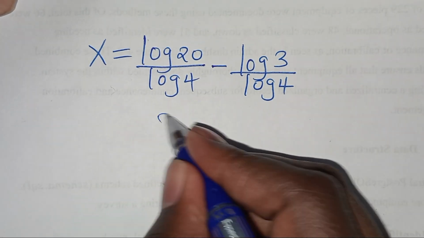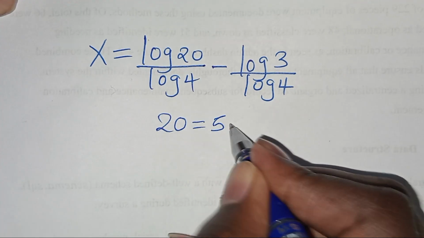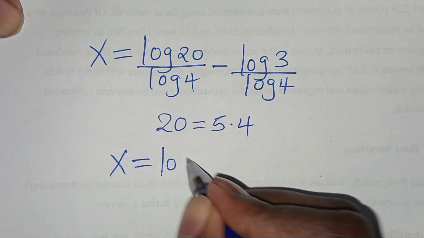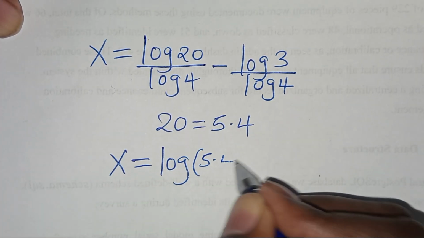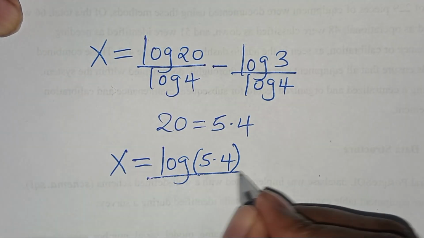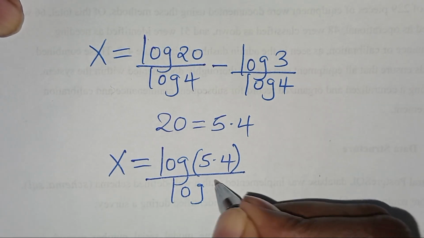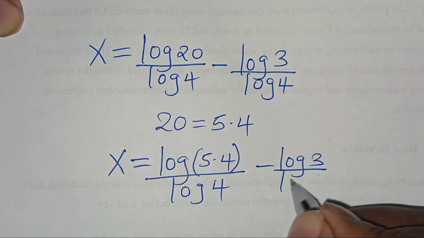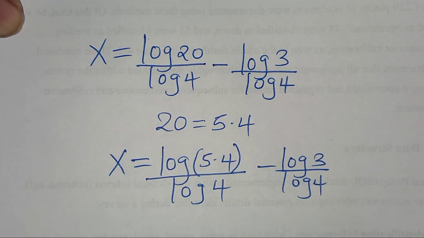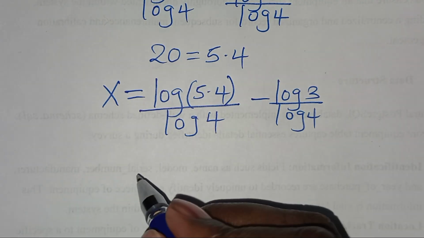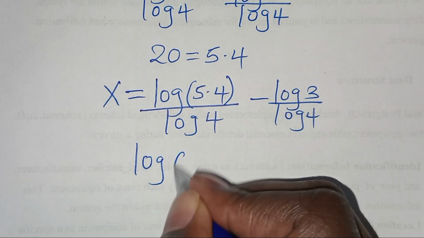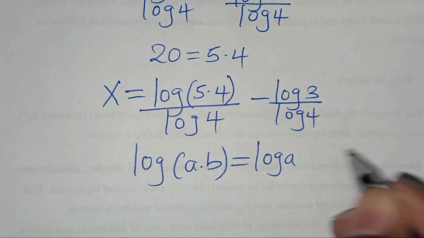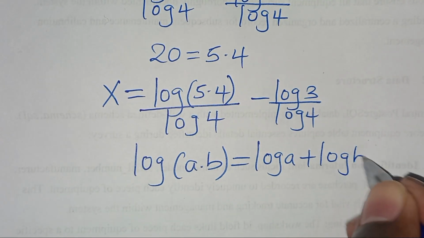From here we can express 20 as 5 times 4. So we'll have x equal to log 5 times 4 divided by log 4 subtract log 3 divided by log 4. So log 5 times 4 is in the form of log a times b, which we can express as log a plus log b.